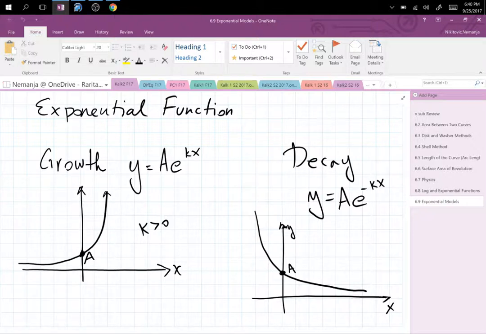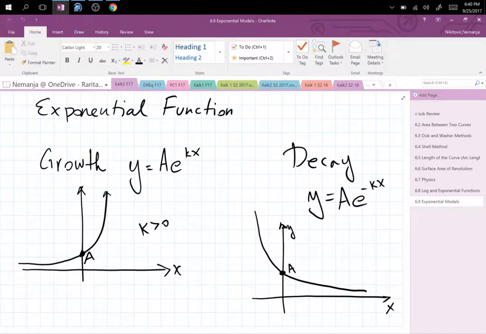Note that for both of these graphs, k is a positive value, and on the second graph, the negative applied to a positive k gives you a negative number, which is decay. The y-intercept is A, which is either the initial population or initial amount of garbage or initial amount of drug that is introduced. So that capital A is going to be the initial amount at t equal 0.